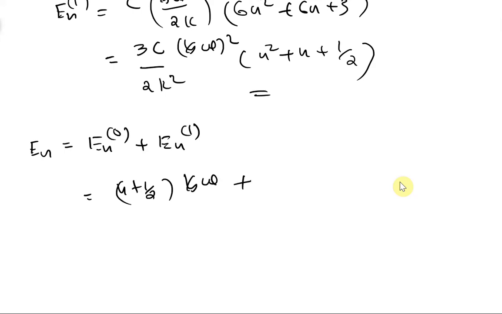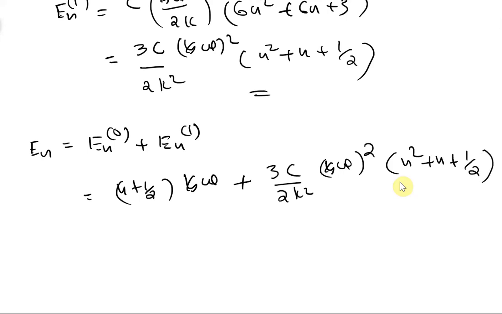Now we are adding the first order correction to it, that is 3c by 2k² ħω square into n² plus n plus 1 by 2. So this is the correction in energy of introducing a perturbation of the order x raised to 4. So this is how the energy of a state will be modified when you are introducing perturbation like this.